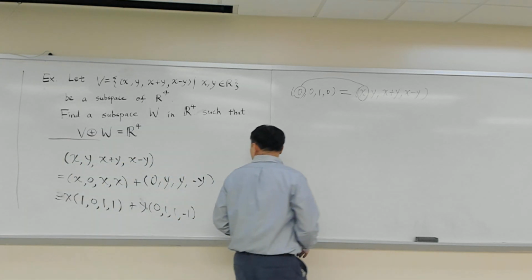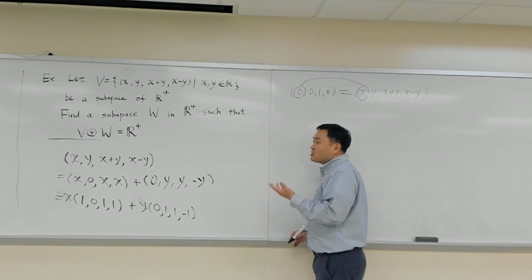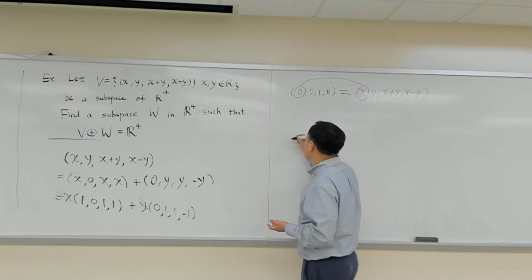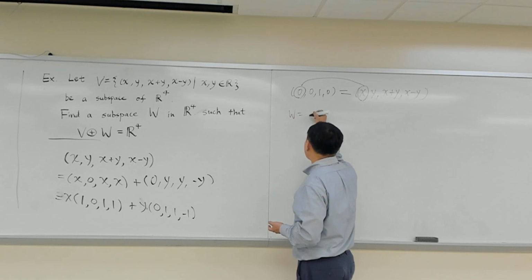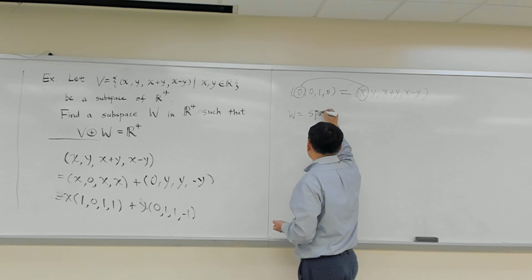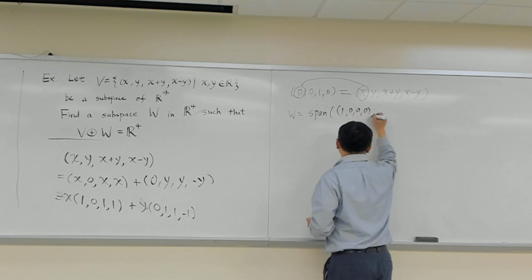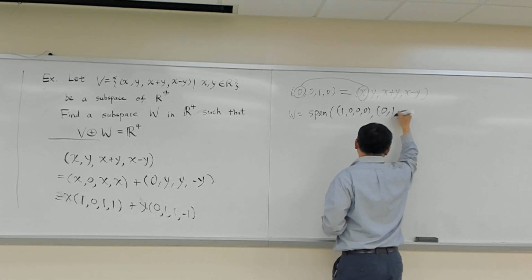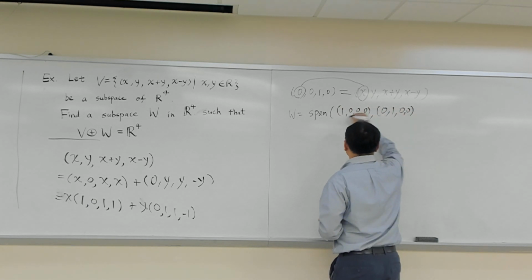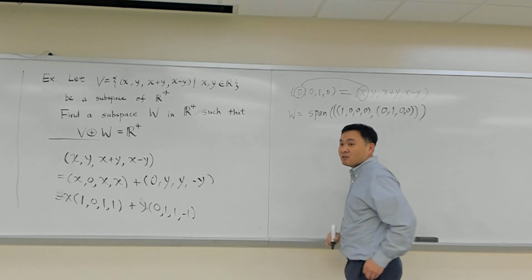So there are infinitely many choices for W. You can choose W to be, for example, the span of 1, 0, 0, 0 and 0, 1, 0, 0. That's one possible answer.